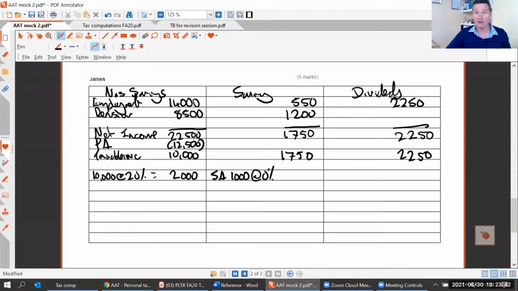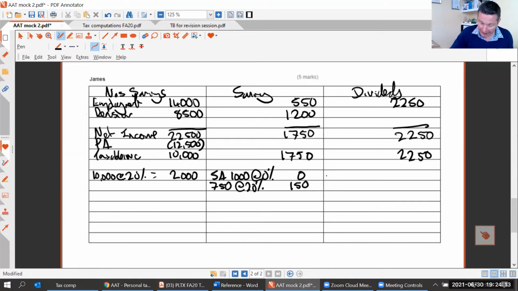It's just taxed at a rate of 0%. So I would always put in the fact that the tax on that is zero to really emphasize the fact you are taxing it. It just comes to zero tax. So that leaves the balance of £750 to be taxed at the basic rate of 20%, £150.